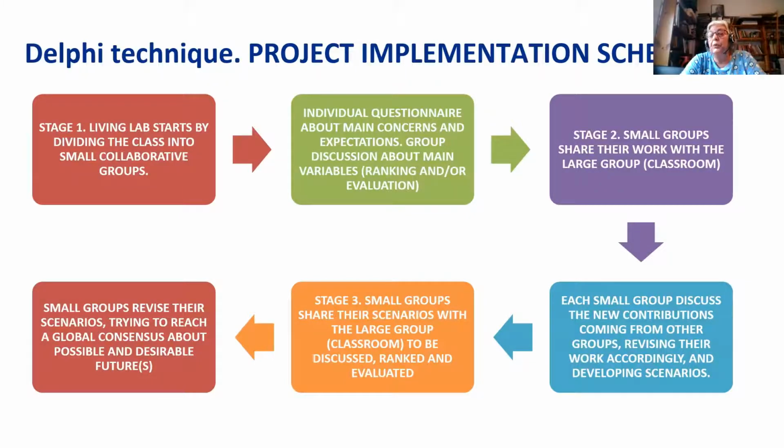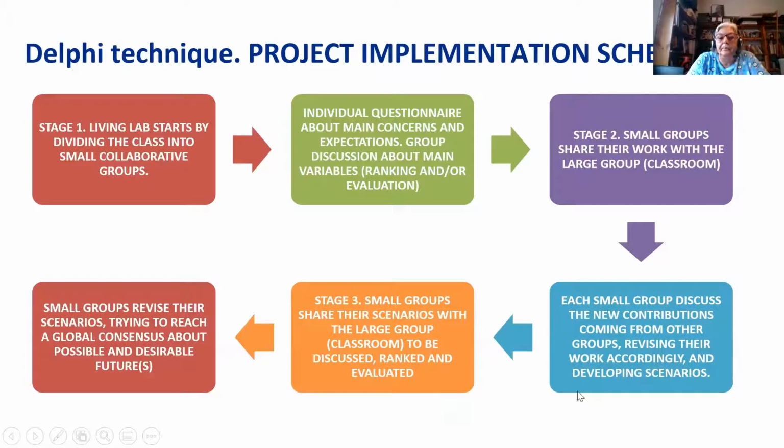In stage 2, they share their list of variables with the large group, to get a combined list of all the views of all the small groups.